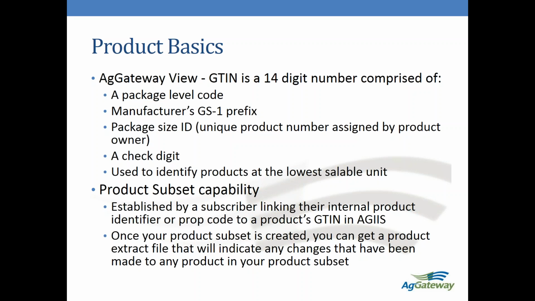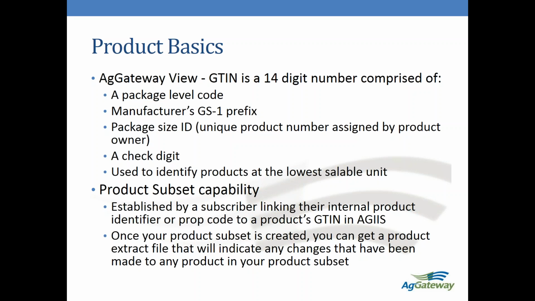There is also the capability within the system for consumers to set up a product subset. And the benefit of this is so they can just receive those products that they're interested in. They can establish a subset by linking a prop code.